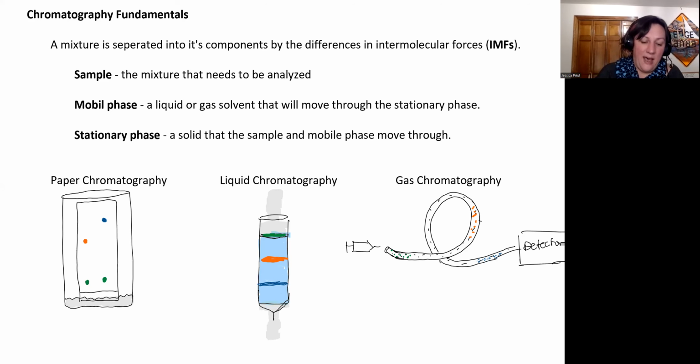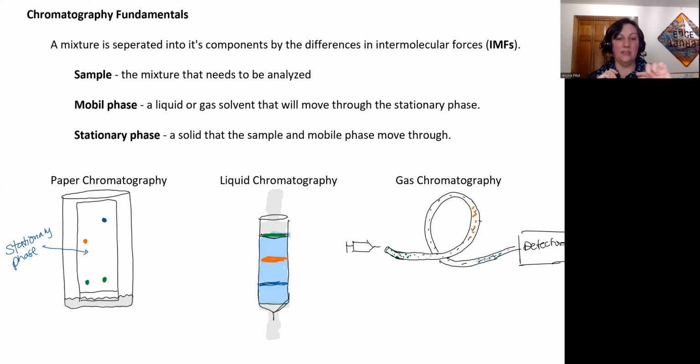And so what we have is a stationary phase that will be the chromatography paper. We have chromatography paper that we're going to be using, but then you could also use something called a TLC plate, a thin layer chromatography plate, where it's basically like a little sheet of plastic, a little rectangle, and it's coated in silica gel.